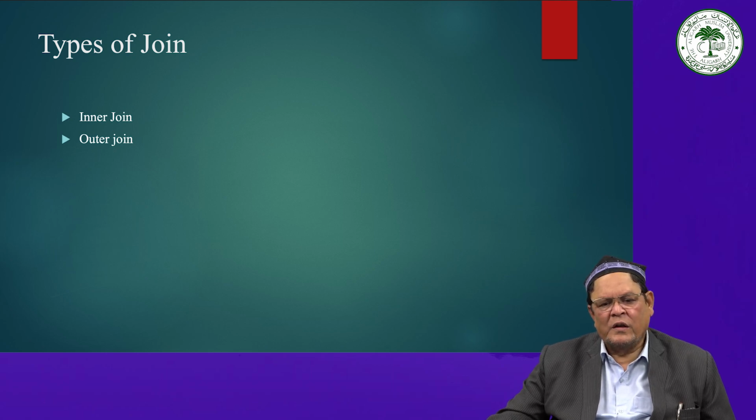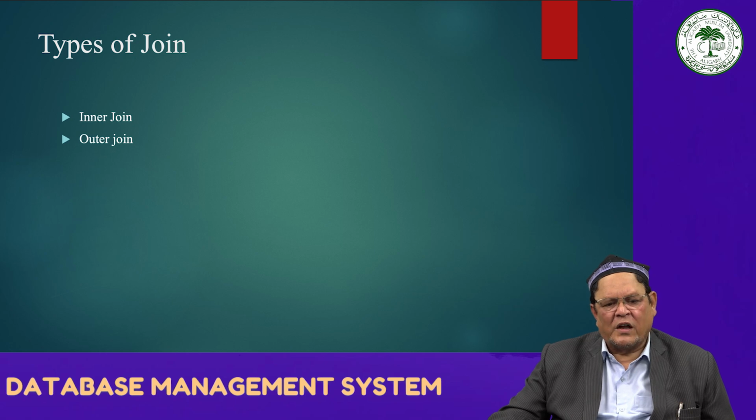A full outer join returns all rows from both tables, including unmatched rows from either table. Outer joins are commonly used when users need to retrieve data from one table while also including related data from another table, even if there are no direct matches between them.